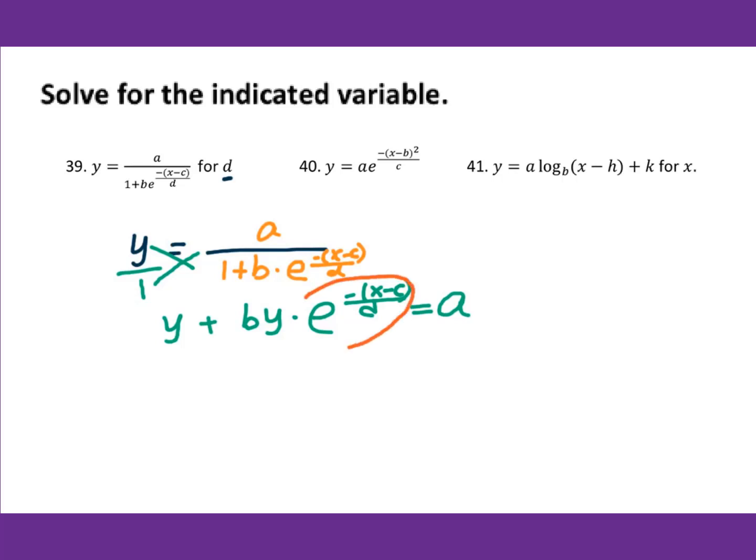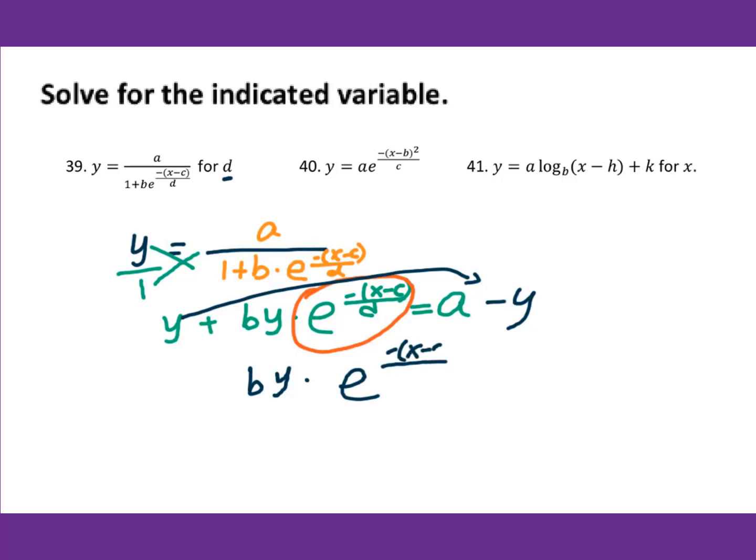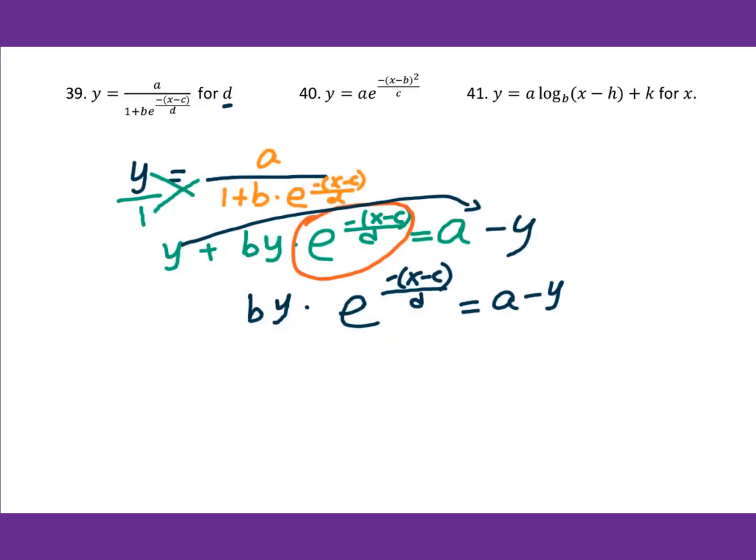Therefore, isolate this exponential form on one side. We need to subtract y from both sides. So we got by times e to the negative x minus c over d power equals a minus y. Then we divide by by on both sides.